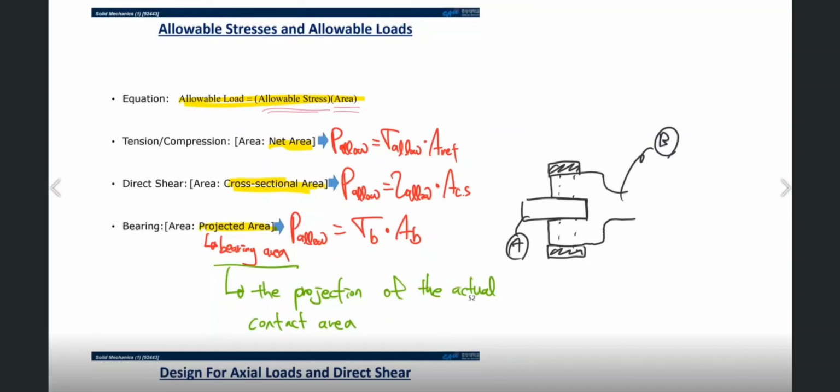So in this case, we can define the diameter of the bolt and the thickness T of the clip angle.